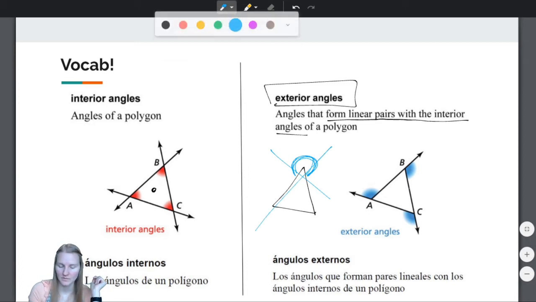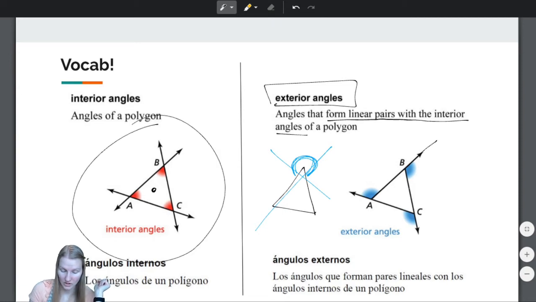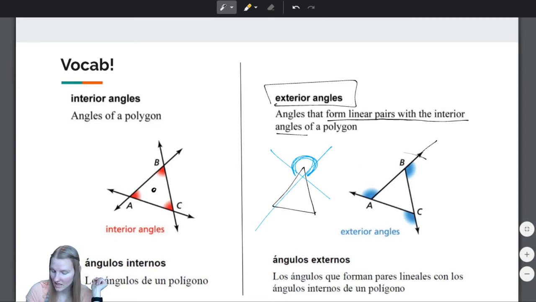What we're doing is extending the sides of each polygon. In this example, they extended just one side, and we're looking at one of the angles that make up a linear pair with the interior angle.